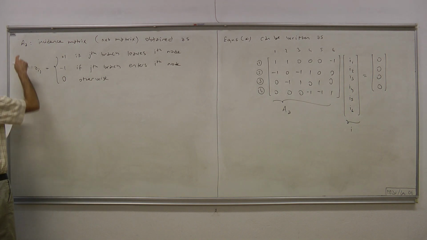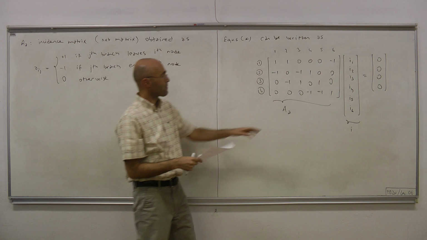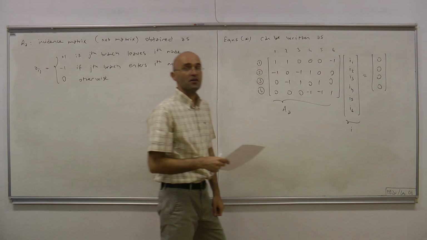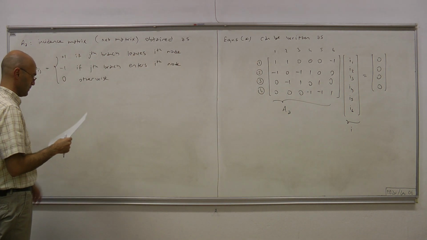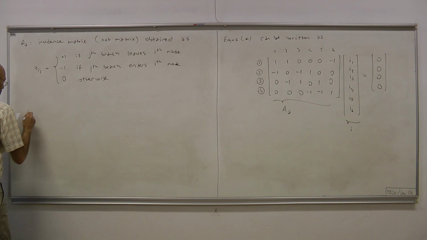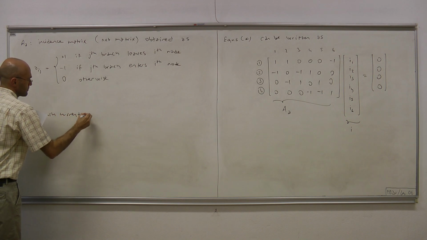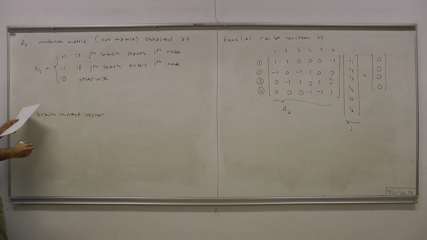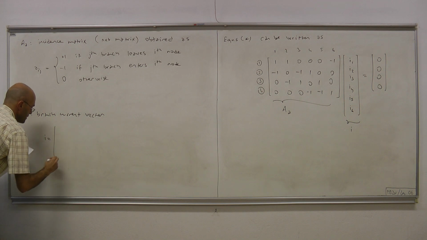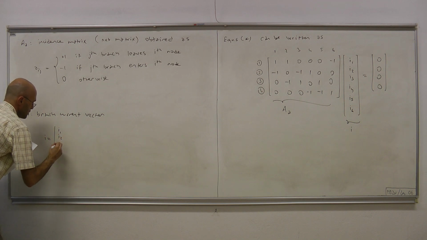And A is our incidence matrix, and I, in general, is our branch current vector. I is I1, I2, up to IB.